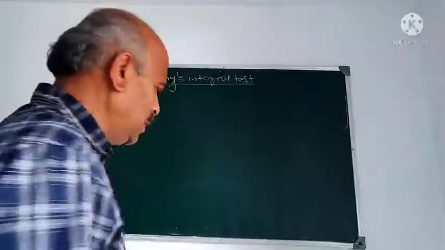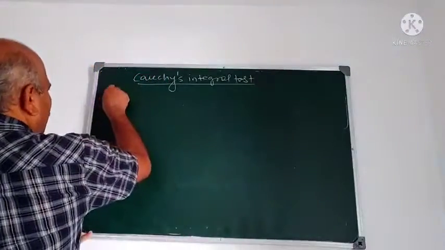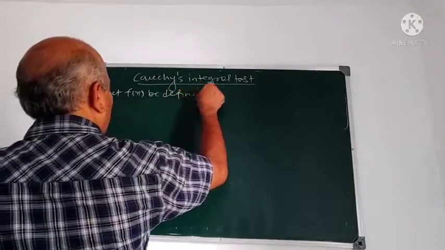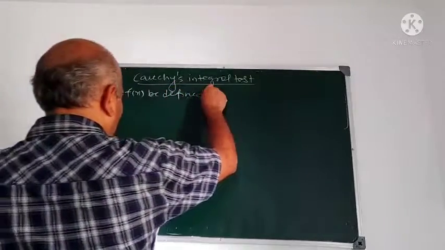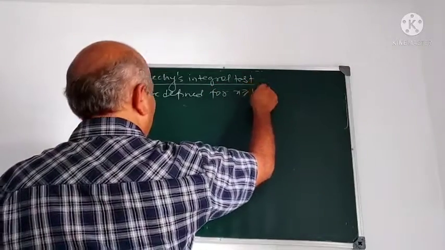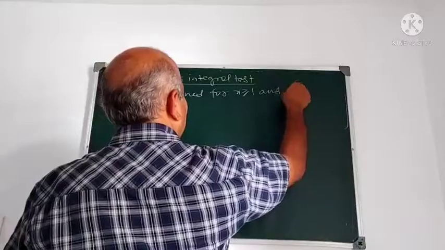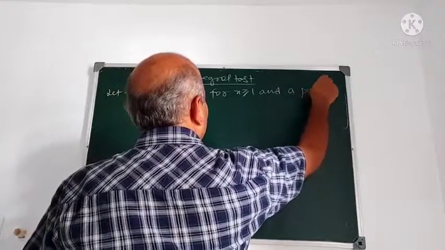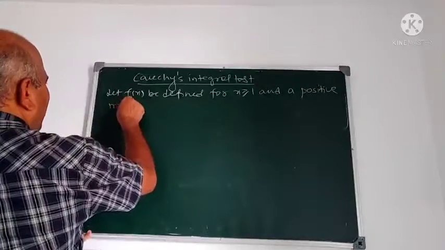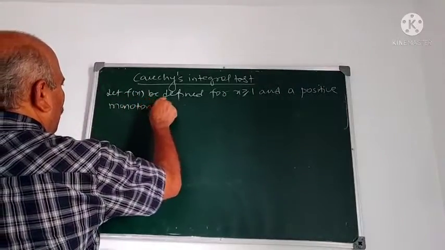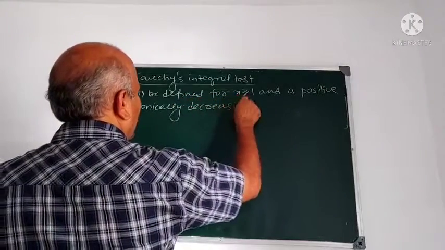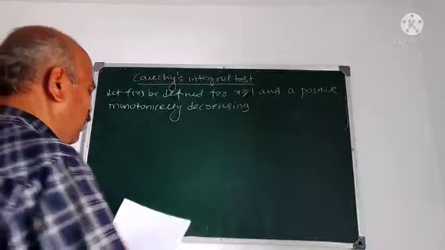Statement is like this: let f(x) be defined for x greater than or equal to 1, and it is a positive monotonically decreasing function of x.